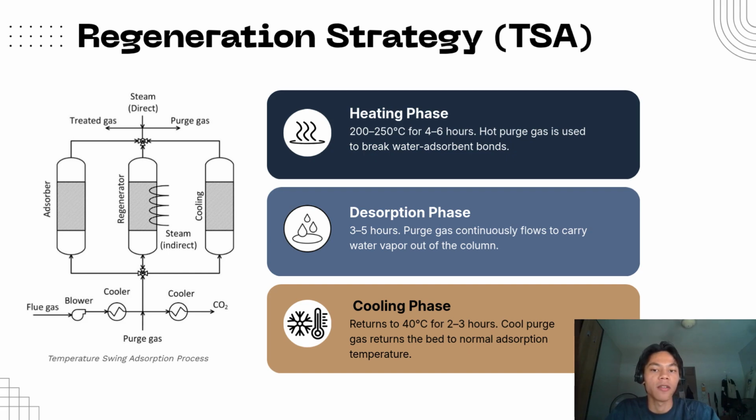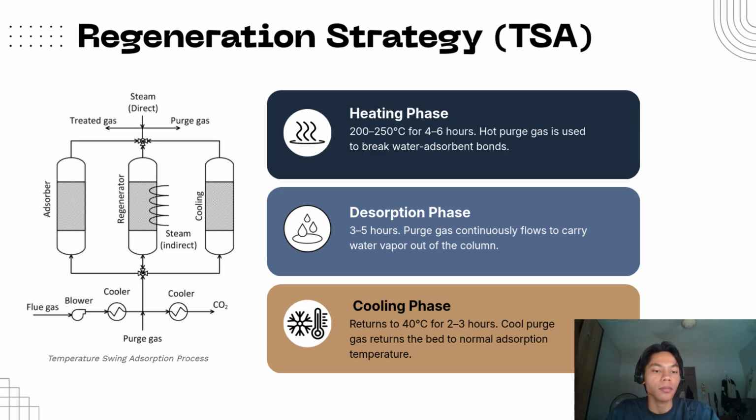This intense heat effectively breaks the chemical bonds between water molecules and the adsorbent surface. The released water vapor is then continuously carried out of the system by the purge gas. This heating process is highly effective in fully restoring the column adsorption capacity, ensuring it is ready for the next operating cycle.